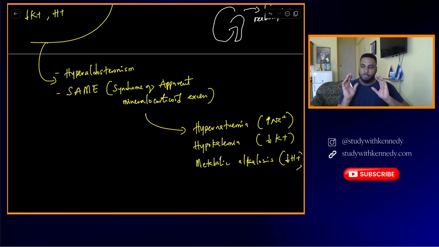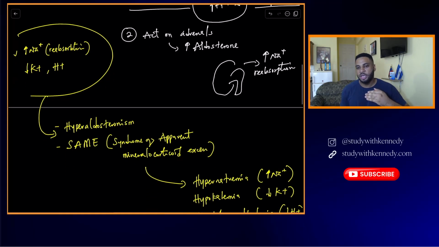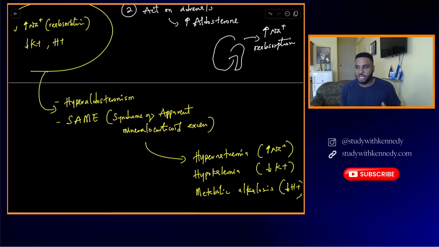So the effect of aldosterone on the kidney is to increase sodium reabsorption. Increased reabsorption of sodium will result in loss of potassium and hydrogen ion, which can, in severe cases, if it continues, result in hypokalemia and metabolic alkalosis. So this is what you're going to be looking for when they give you the interpretation of your lab values.